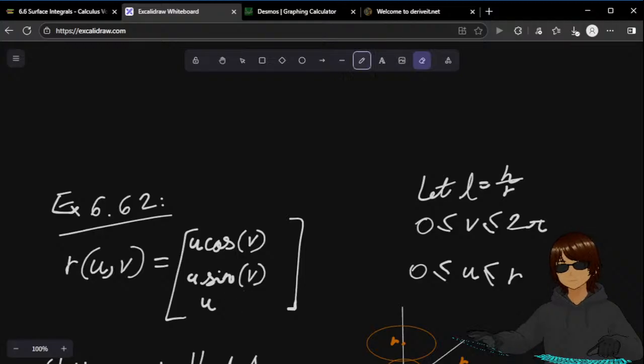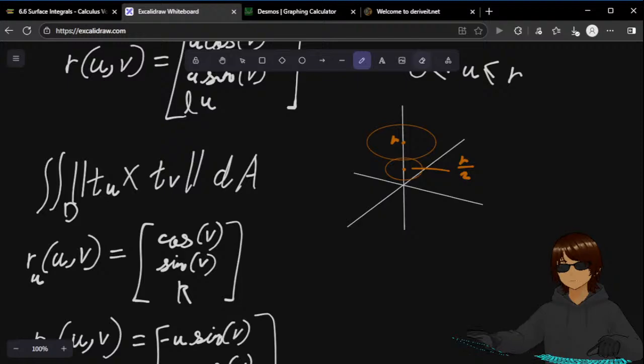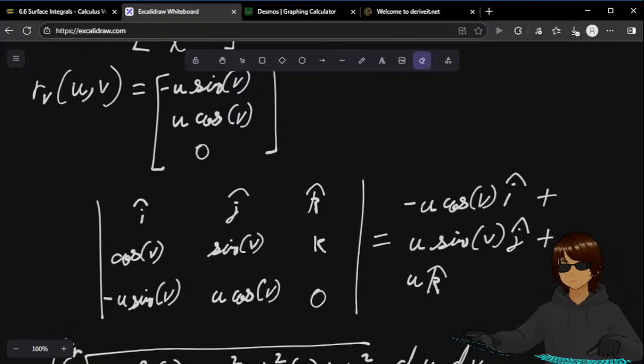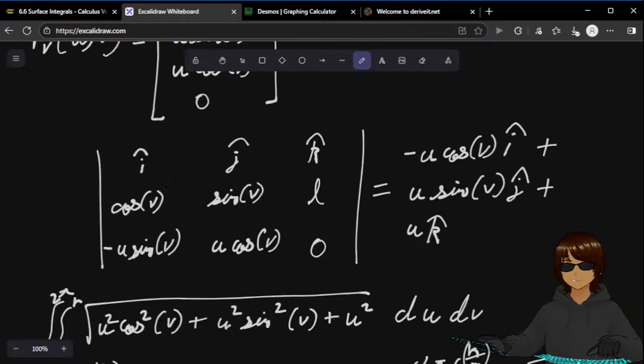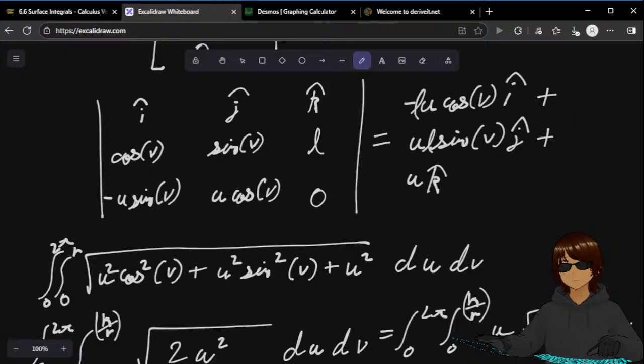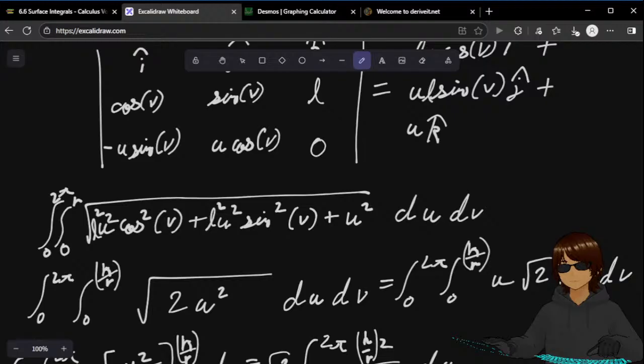Let L equal h over r. This minus this, minus this and this. Okay. L square U square.